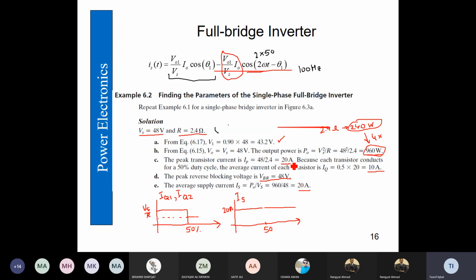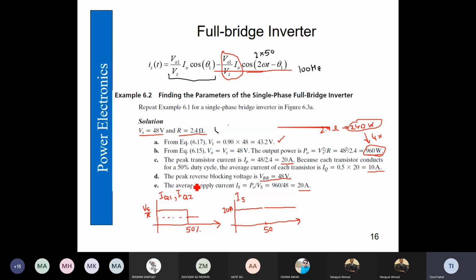In full bridge inverter, if the peak current is 20 amperes, obviously for safety we have to select switches for even higher current, like 40 amperes or 50 amperes, to keep the safe operating area for the transistor, for the switches. Now the average current is equal to half of the peak current, and that is 10 amperes.